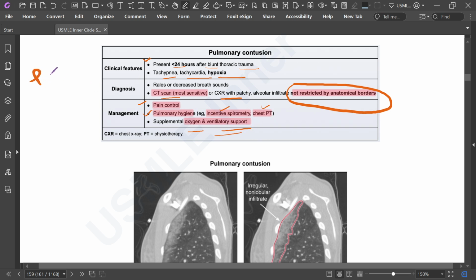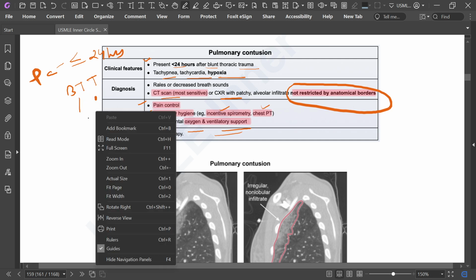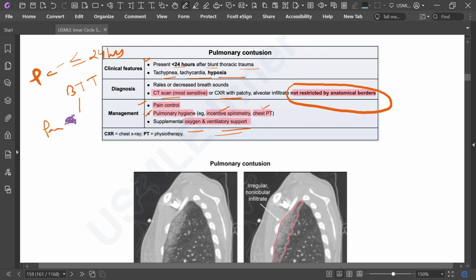So pulmonary contusion presents less than 24 hours after blunt thoracic trauma, with tachycardia and tachypnea; treat with pain control, pulmonary hygiene, supplemental oxygen and ventilator support.